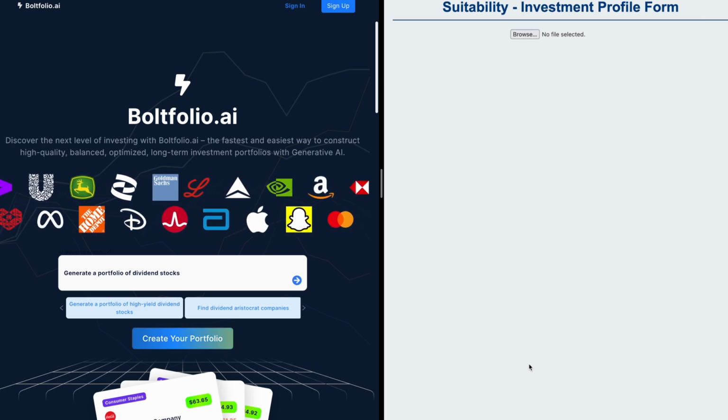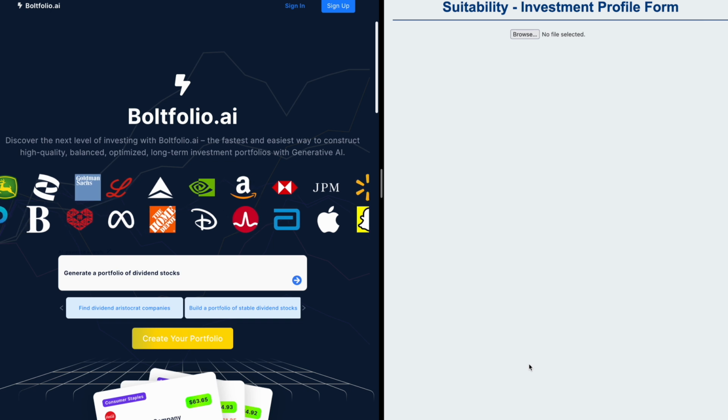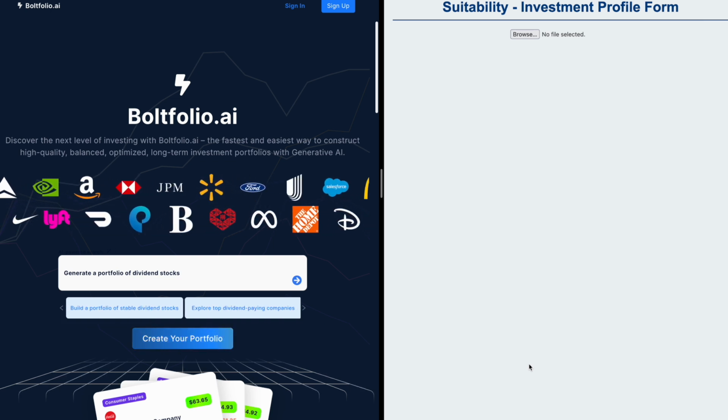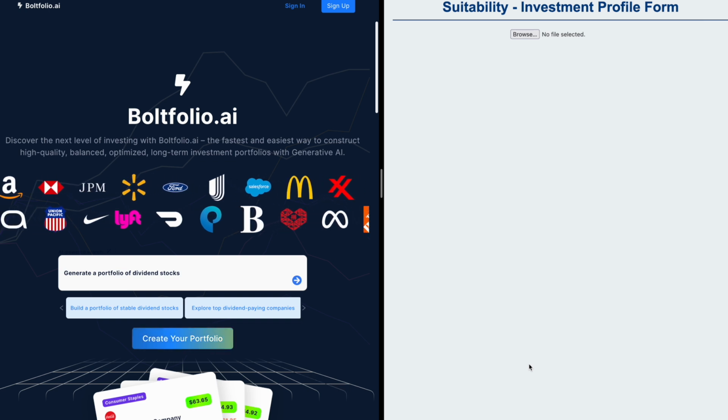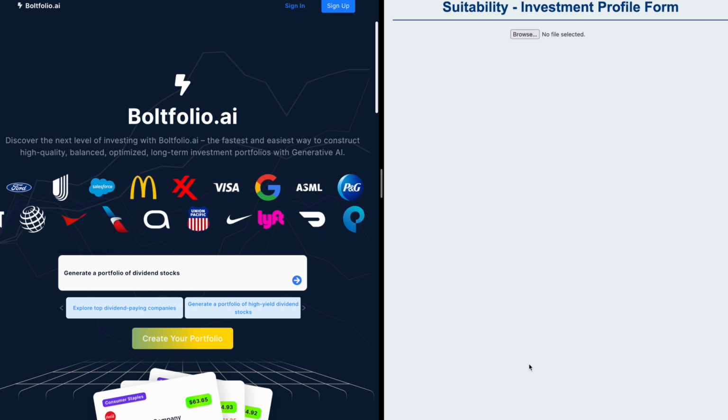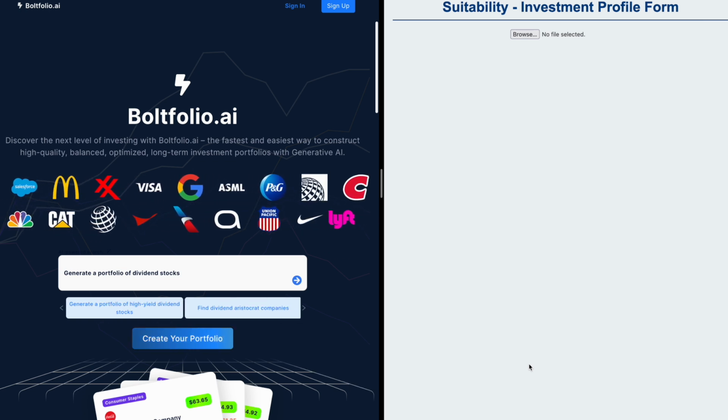They need to have sort of a reasonable basis to believe that a particular investment portfolio or strategy would be suitable for you or meet your needs.